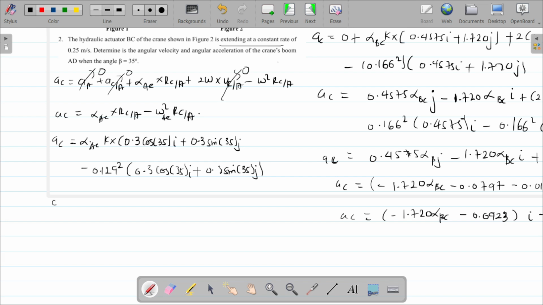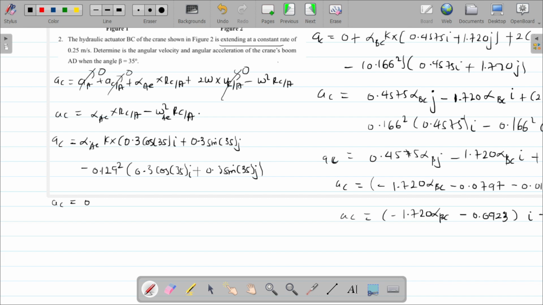Okay, so from here a_C will be equal to, so 0.3 cos 35, what was that? 0.2457.